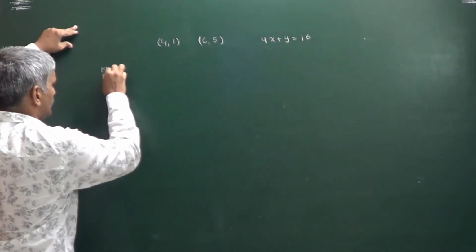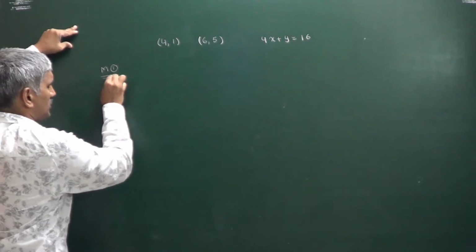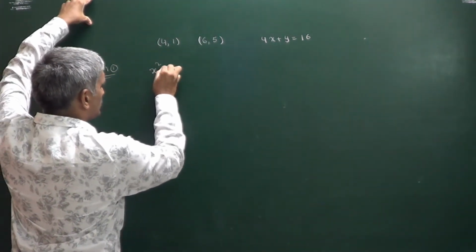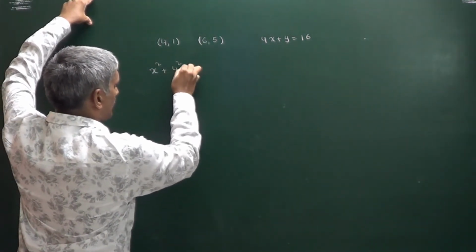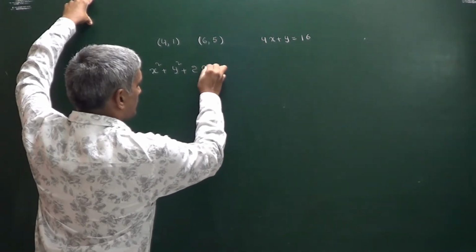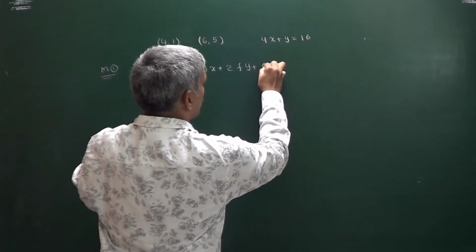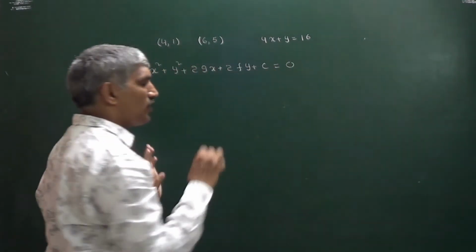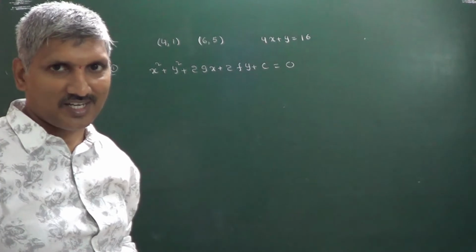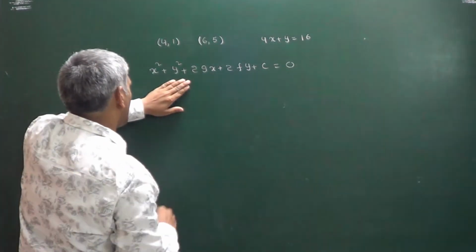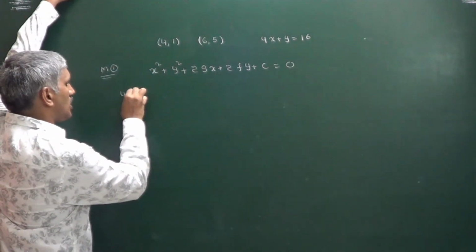See method 1. Let us take the general form of the equation of a circle: x square plus y square plus 2gx plus 2fy plus c equals 0. This is the general form of the equation of a circle. Now this circle is passing through the point (4, 1).